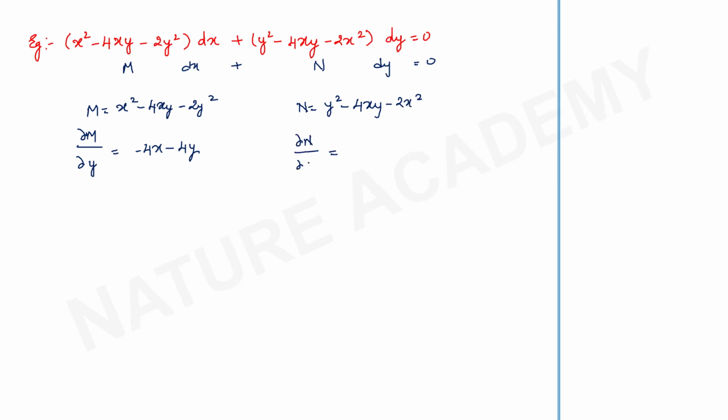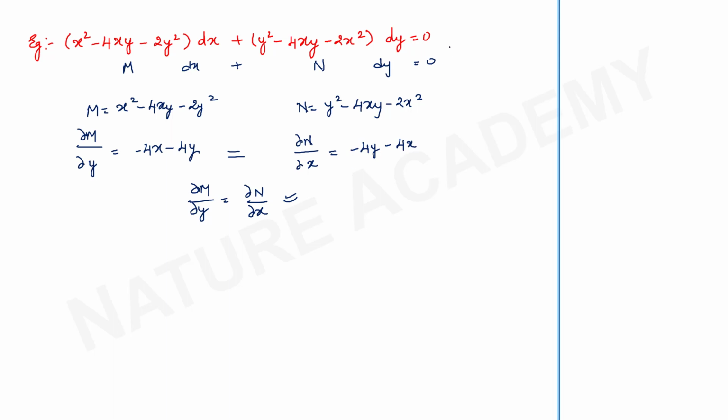Therefore, if I differentiate N with respect to x, y² becomes 0, minus 4xy becomes minus 4y, minus 2x² becomes minus 4x, because it is n times x raised to n minus 1. Then clearly you can see this ∂M/∂y is equal to ∂N/∂x.